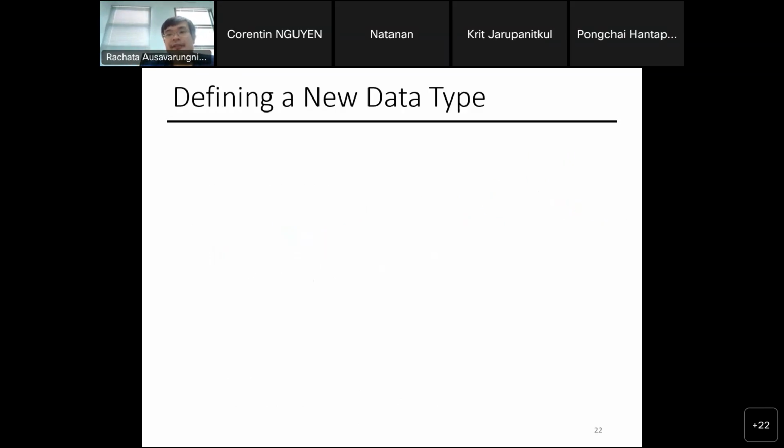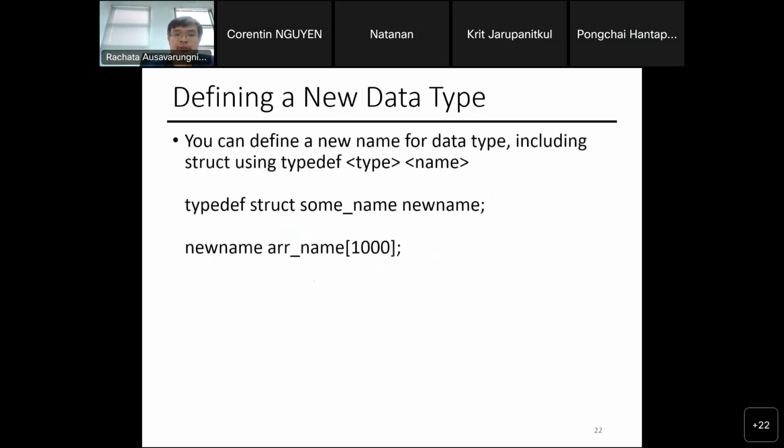And you can then define a new data type using the command typedef. Let's say I don't always want to type things like struct somename when I want to create a new struct somename. I don't want to write something like this because I'm lazy. I can do typedef.